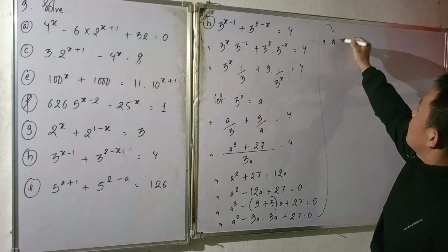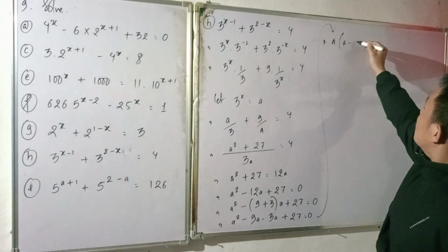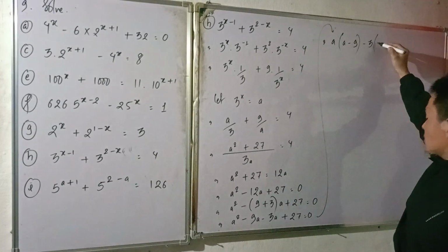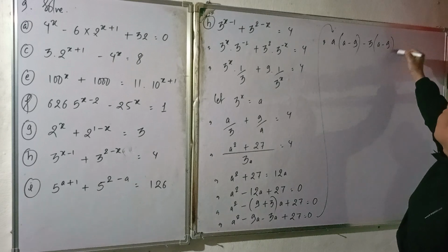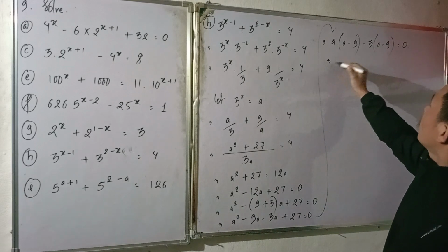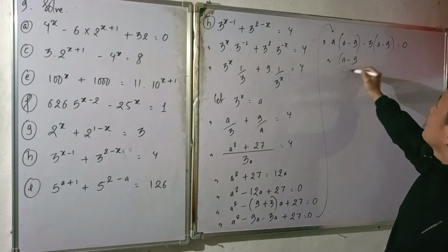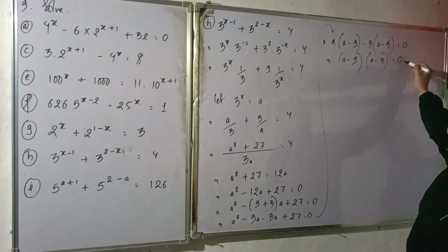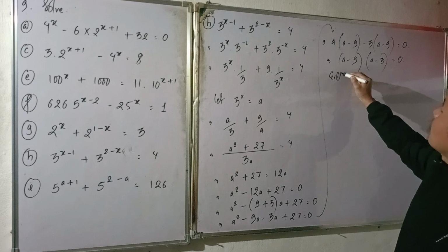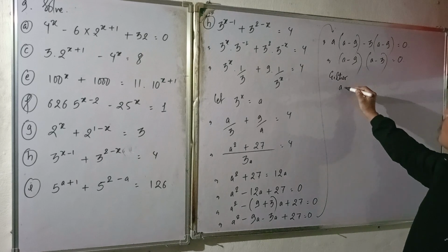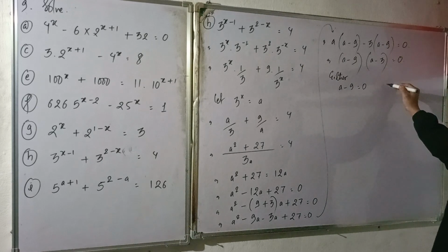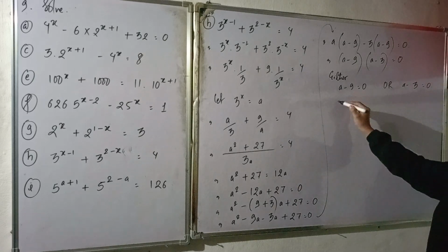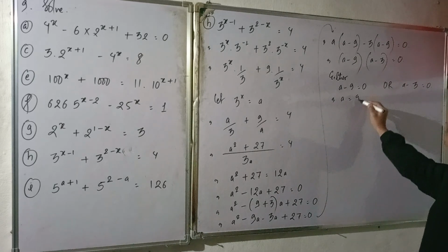So a minus 9 minus 3 times a minus 9 equals 0, or a minus 9 and a minus 3 is equal to 0. Now we can do either a minus 9 equals 0 or a minus 3 equals 0. Now on further simplification, a is equal to 9.